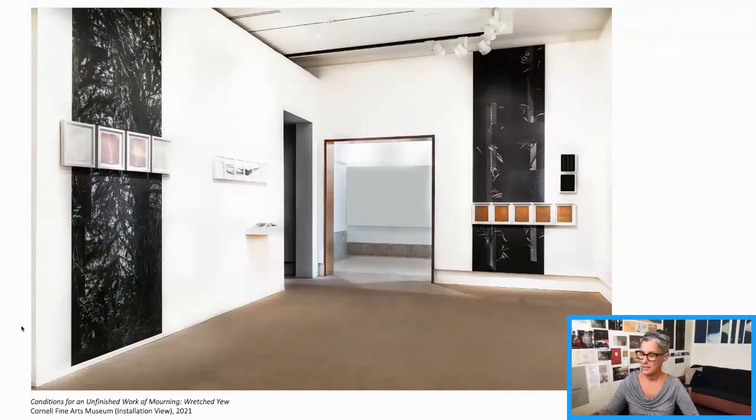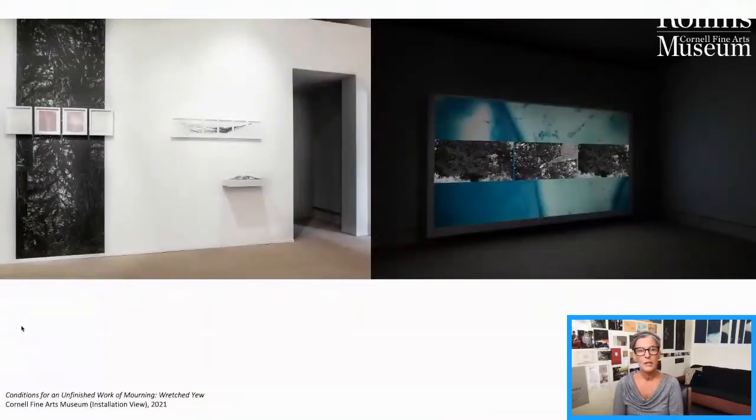So big thanks to them. Here's another view that includes the interior of the screening room, where the video component is on view, and you make your way through that door into that screening space. I do hope that a lot of you have a chance to make your way over to see the entire exhibition. It's really great to see the faculty work all together in this way.